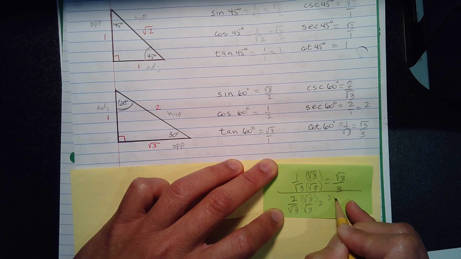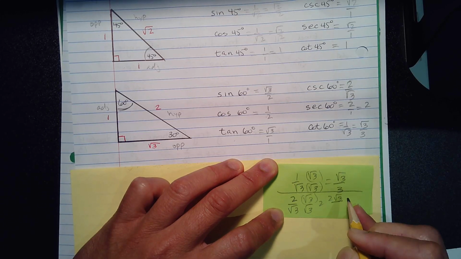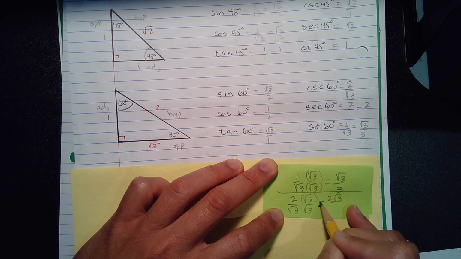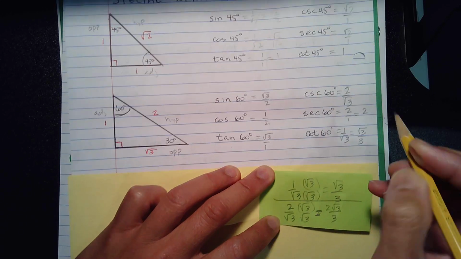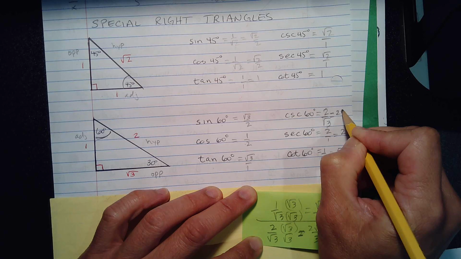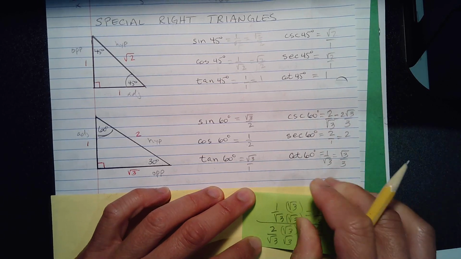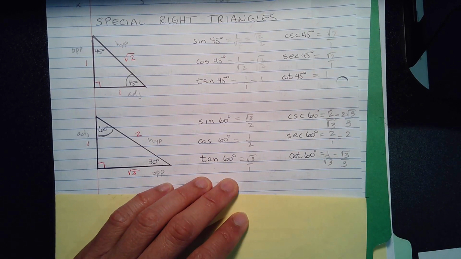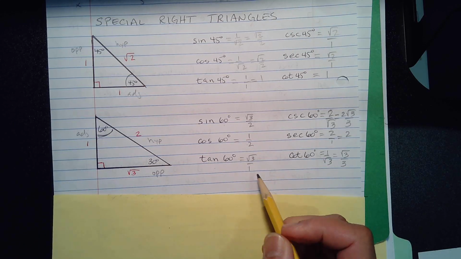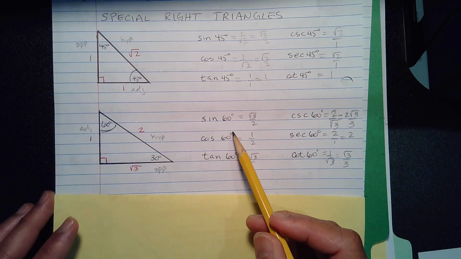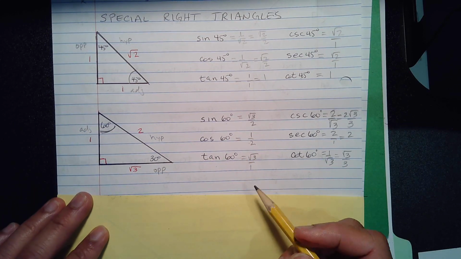This is 2 radical 3 over 3. Okay. So now you have found the 6 trig functions for 60 degrees.